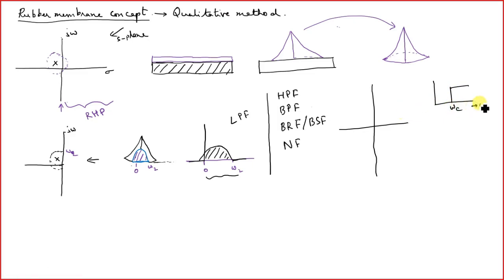This is omega, this is amplitude, right? So it should behave something like this. Now you need to place a filter around this omega c. So I place a filter near the omega c.